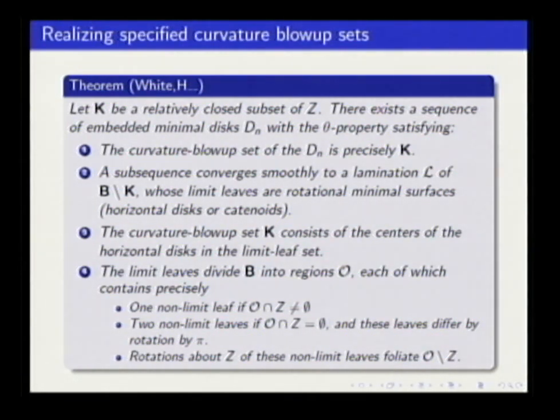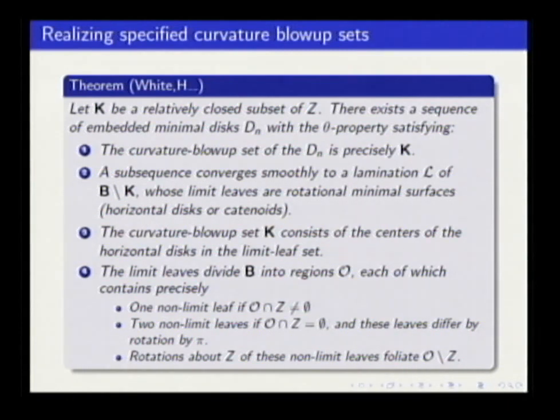Okay. So this is the result I quoted before. Take a relatively closed subset of Z. There exists a sequence of embedded minimal disks having this property, with curvature blow-up precisely that. A subsequence of them will converge to a lamination of the space minus the curvature blow-up points, whose limit leaves are rotational minimal surfaces.